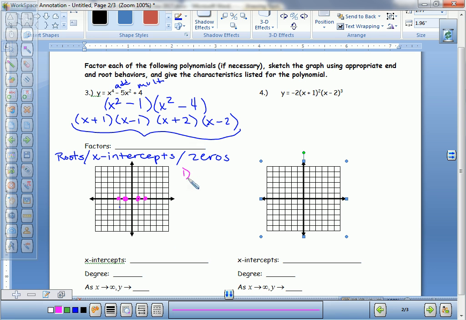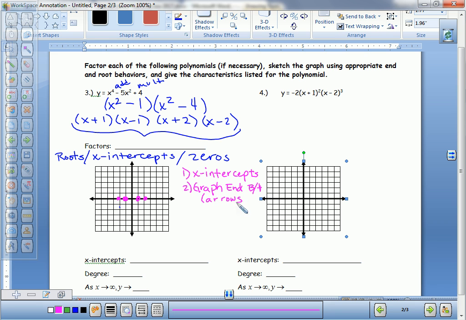So the first thing you have to do is find those x-intercepts. The second thing we have to do is graph our end behavior. Those are our arrows.